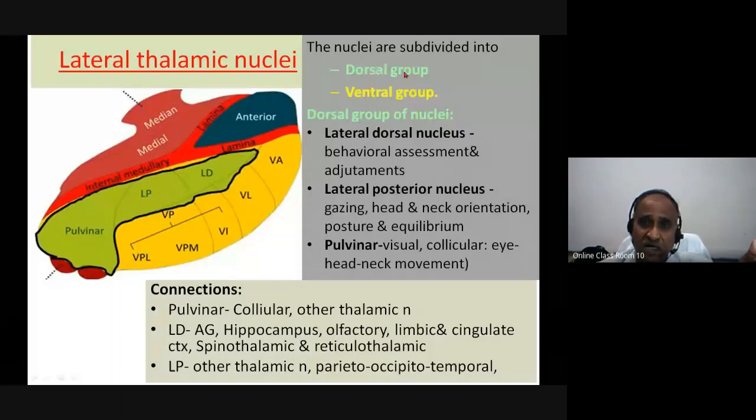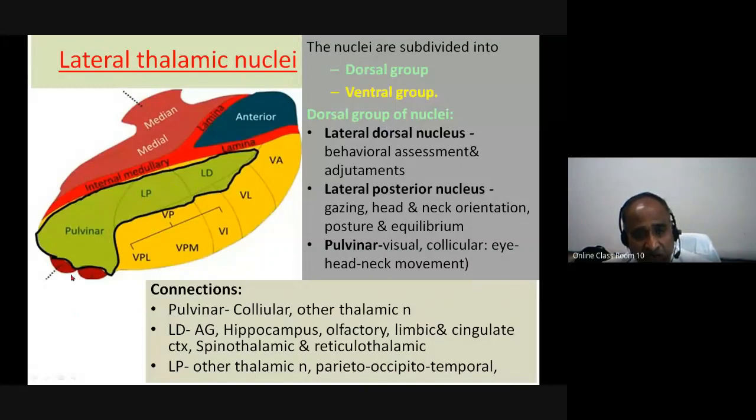This is about the dorsal group of the lateral nucleus: lateral dorsal, lateral posterior, and pulvinar. I mentioned the lateral dorsal is behavior, lateral posterior is head and neck orientation and gazing. Gazing means visual fixation of the visual axis. The pulvinar is visual fixation, the collicular, that is the orientation in space, the head and neck movements in reference to the inputs. So these are the functions.